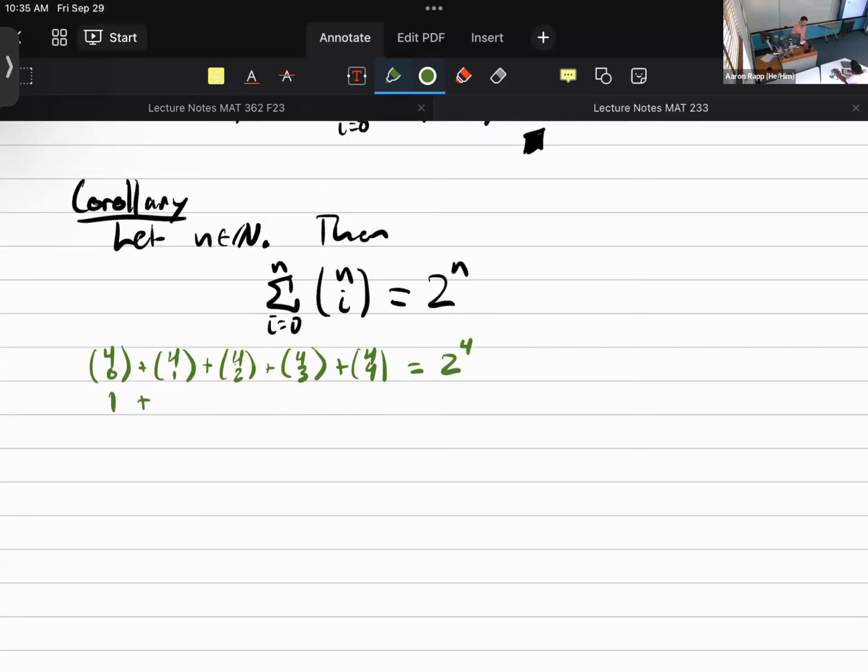What was 4 choose 1? 4. 1, 1. Well, 2 to the 4th power is 16. Do I have 16 added up on that left-hand side? Yeah.